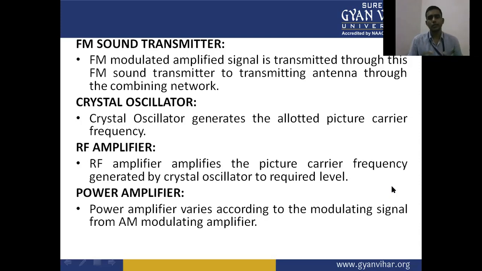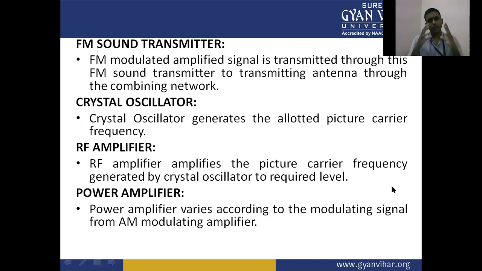Crystal oscillators. The crystal oscillator generates the allotted picture carrier frequency. Means our crystal oscillator generates a signal for the picture signal as a picture carrier frequency. RF amplifier: the RF amplifier amplifies the picture carrier frequency generated by the crystal oscillator to the required level.